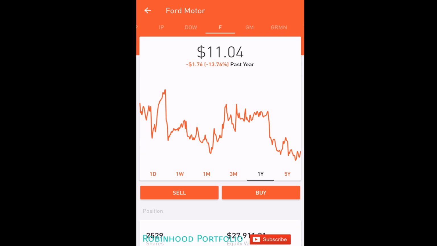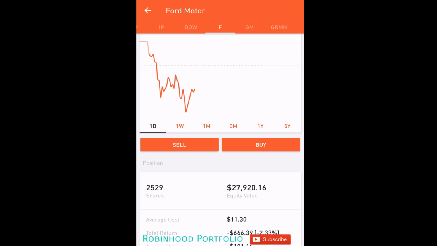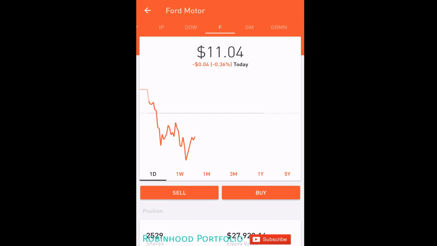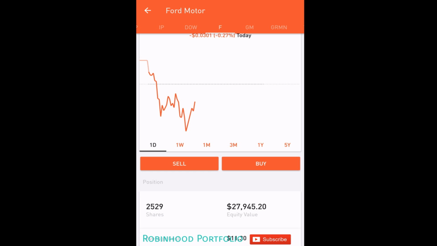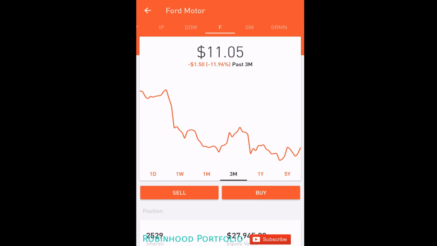So for example, let's say I bought at 11.02, let's say I bought 3,000 shares or whatever, $30,000 plus worth of Ford. And let's say I can't get out of that trade for whatever reason. Let's say the stock continues to trend down, like it has over the last 3 months here.